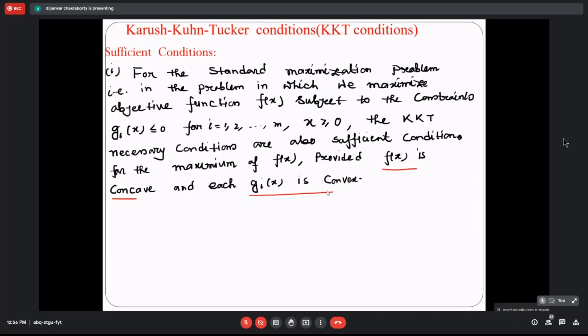Sir, can you repeat once more? Yes, what I'm saying is that from the necessary condition, we are getting the stationary point, some values of x1, x2, xn, lambda 1, lambda 2, lambda m, and correspondingly, obviously, s1, s2, sm. Now, that stationary point, whether it will maximize the function or not, how do you know?